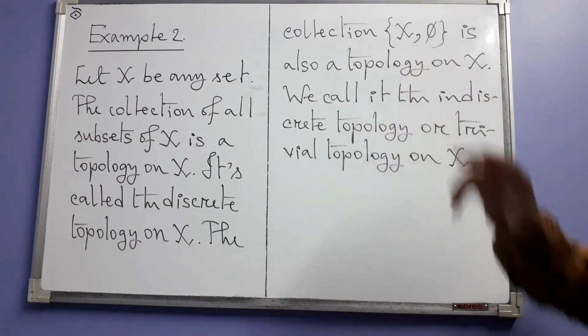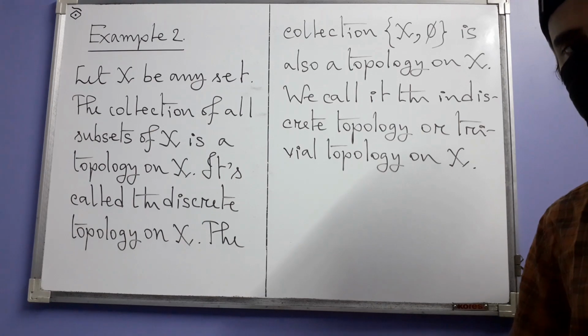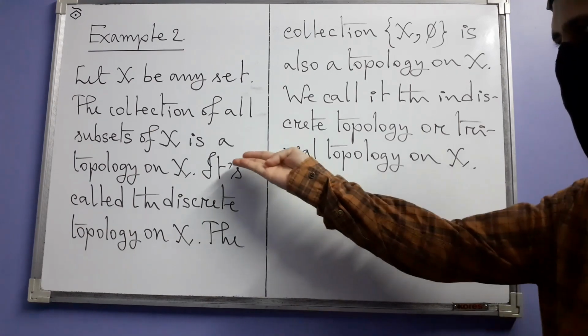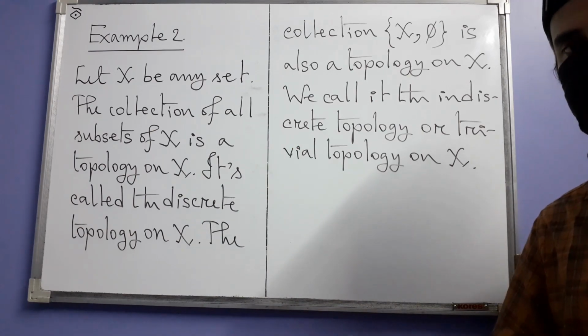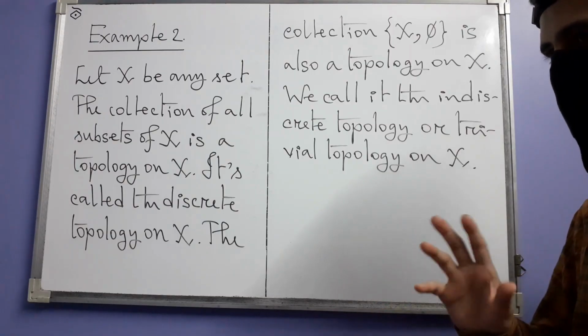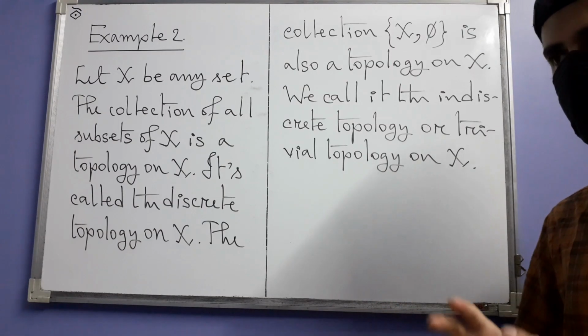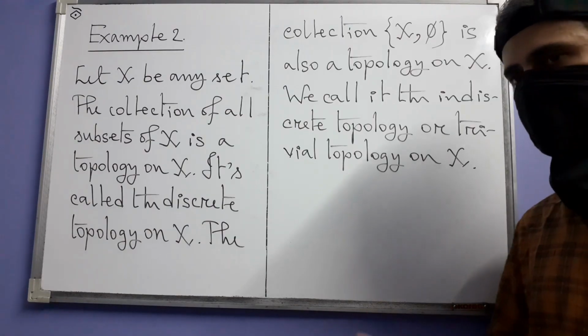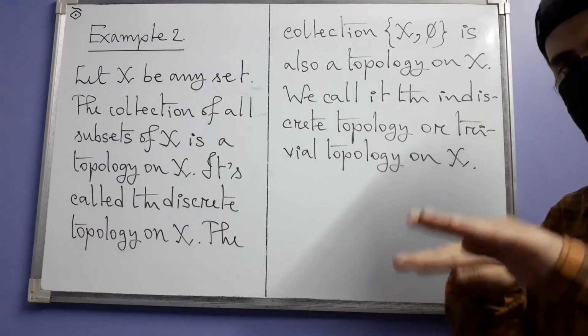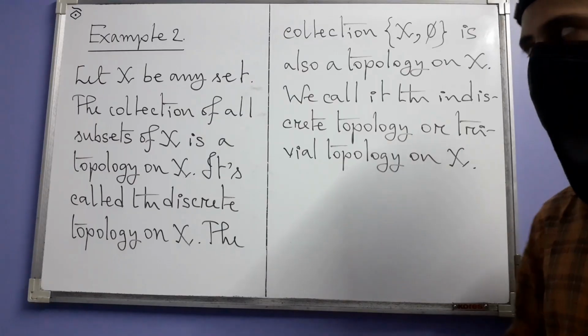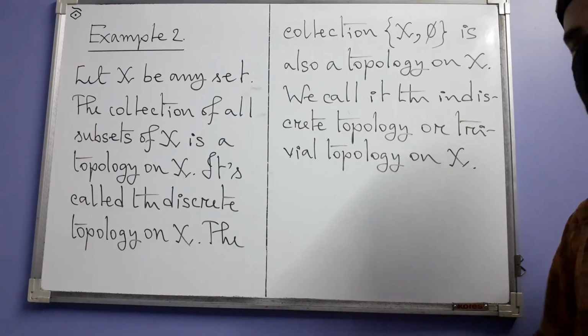This one has as few open sets as you can possibly have, and this one has as many open sets as you can possibly have, and both of them are in a sense not really that interesting. The topologies that we will be interested in will fall in between these two extremes. But anyway, this was example 2.